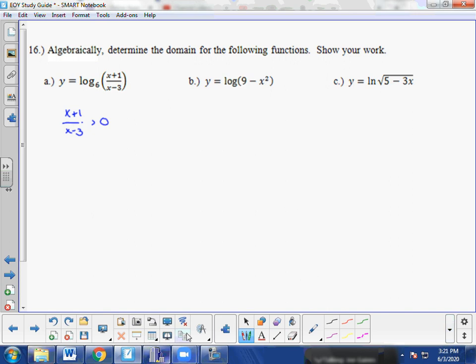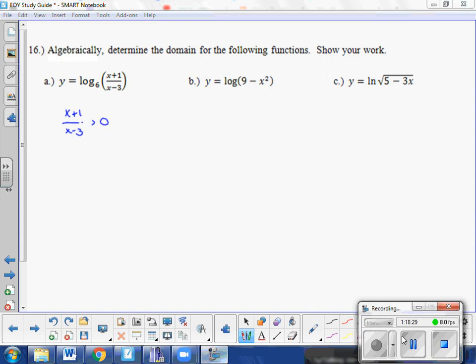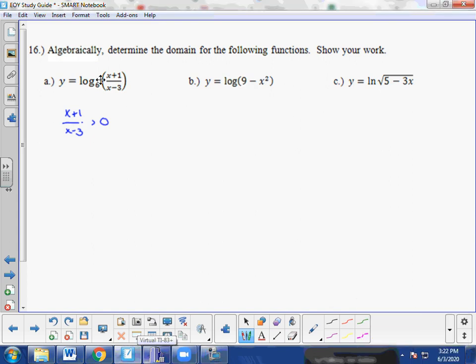So I have to consider this being a fraction. So in order for the entire fraction here to be greater than 0, I have to have that the numerator and the denominator are the same sign. So x plus 1 and x minus 3 both greater than 0 would be one possible outcome.